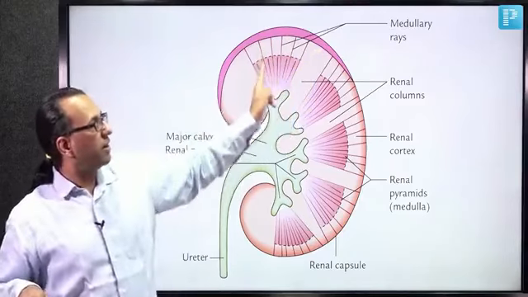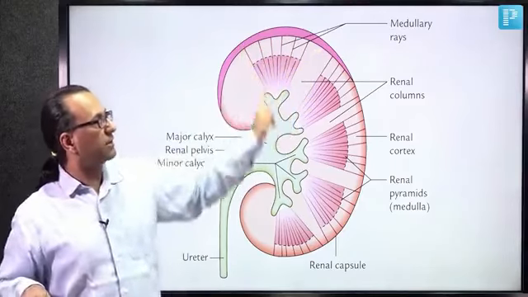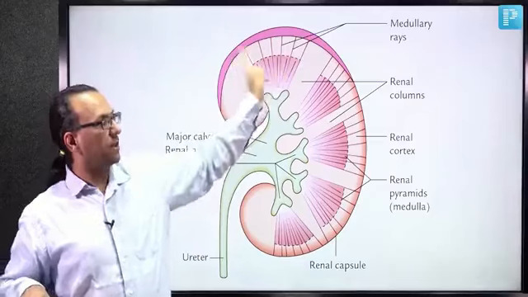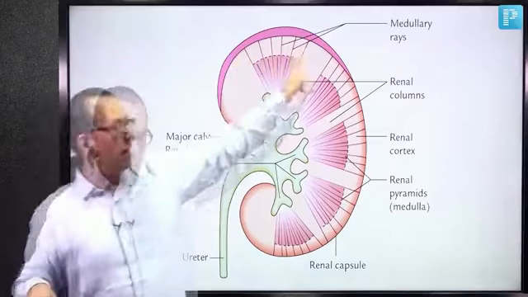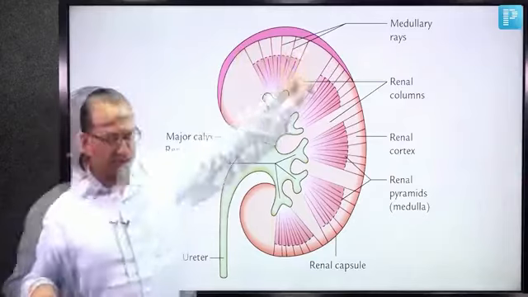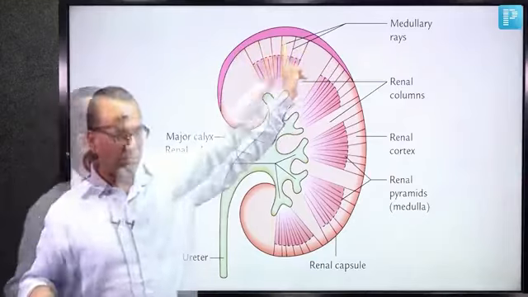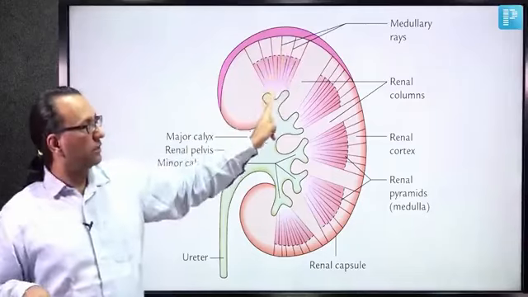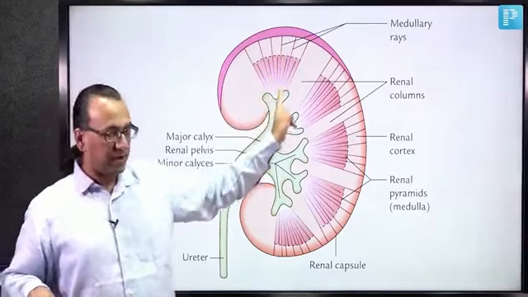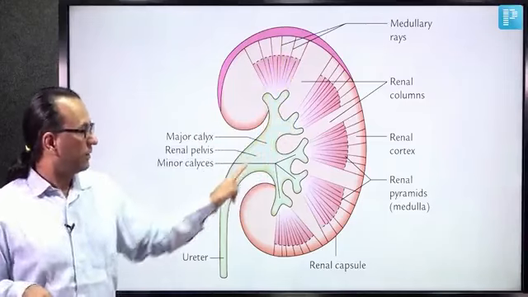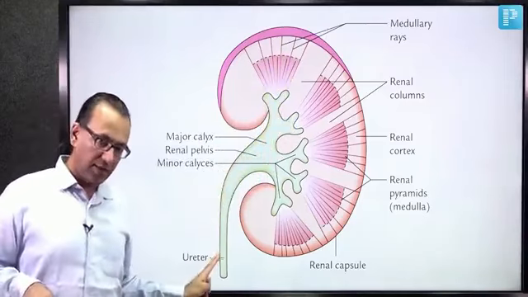And these are the medullary rays, which are the medulla extending into the cortex in the periphery. In the cortex, you'll have the parts of the nephron, which is PCT, DCT, whereas the loop of Henle and the collecting ducts are coming into the medulla and putting the urine into the minor calyx, major calyx, renal pelvis, ureter, urinary bladder, and then urethra.